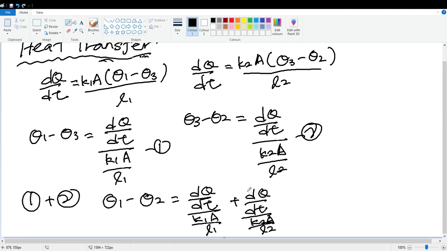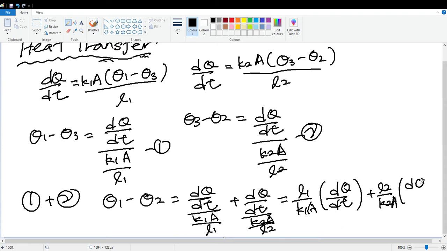Okay, so let me just observe for a while. Alright, so let me simplify it. This is L1 over K1A times dq over dt, plus L2 over K2A times dq over dt.